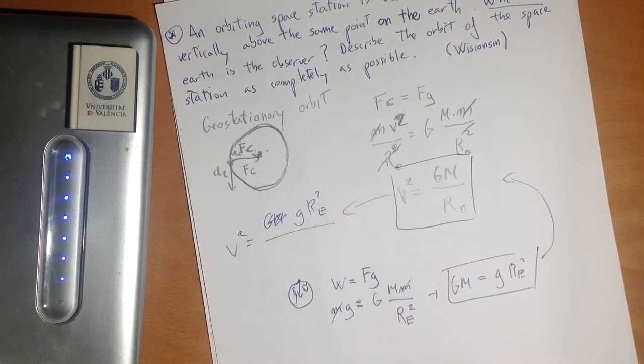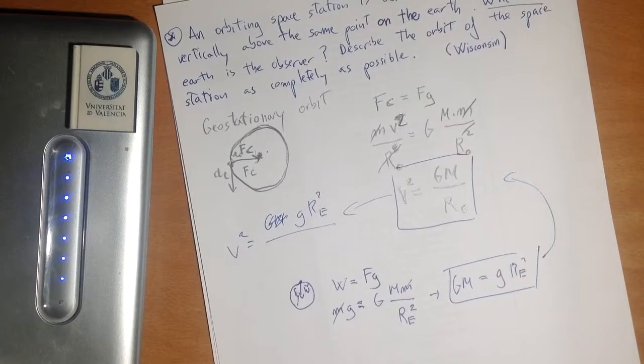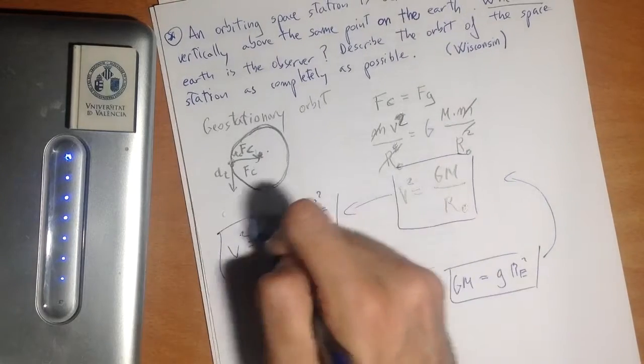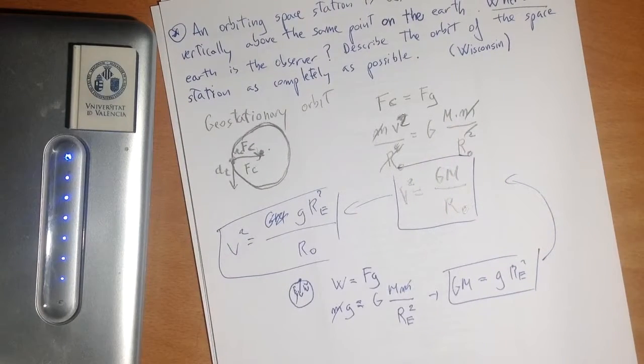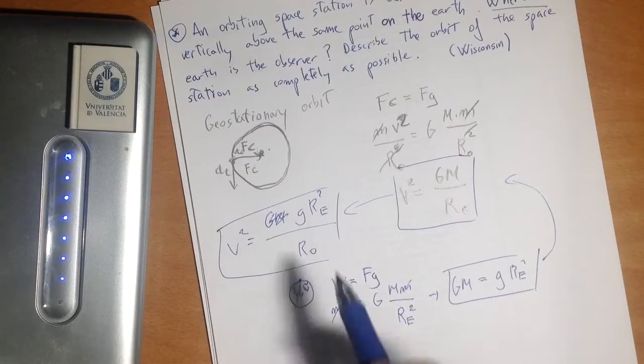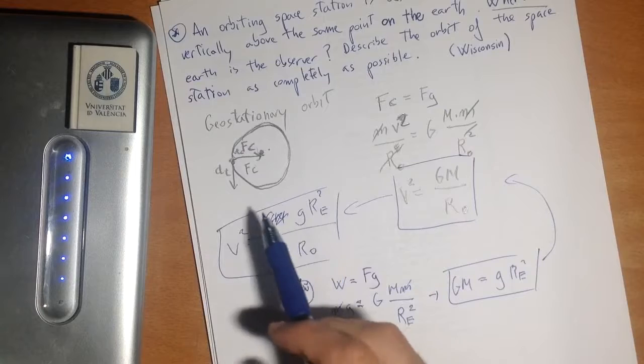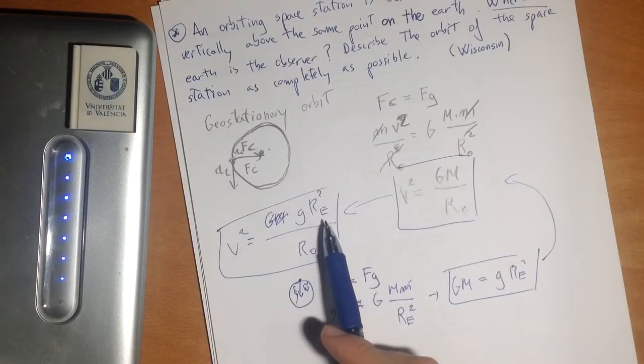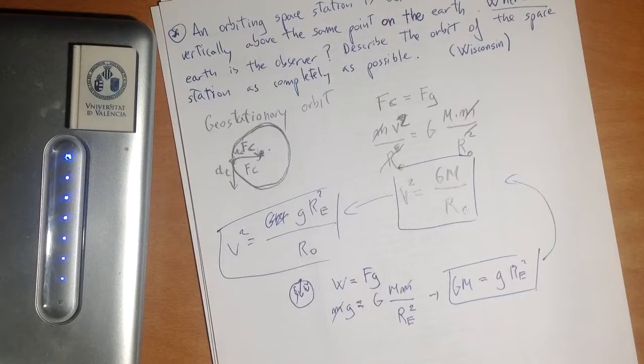So we have this, and yes, we got this. We already have the velocity of the object orbiting in the circular orbit as a function of the Earth's radius and the orbit's radius.